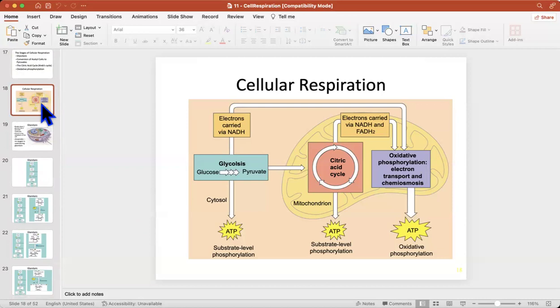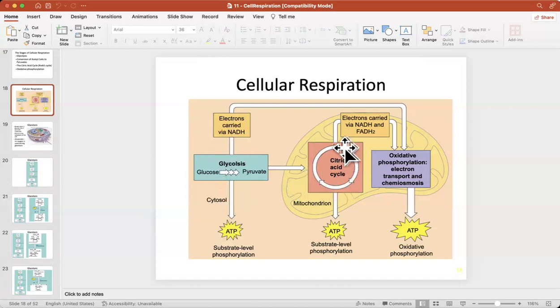And to talk about cellular respiration, we have to talk about mitochondria. Last time when we talked about the cell organelles, I told you mitochondria is a very important organelle in the cell. It's the factory that produces ATP. Like 95% of ATP is produced here. In the whole cellular respiration, the first process, glycolysis, happens in the cytosol.